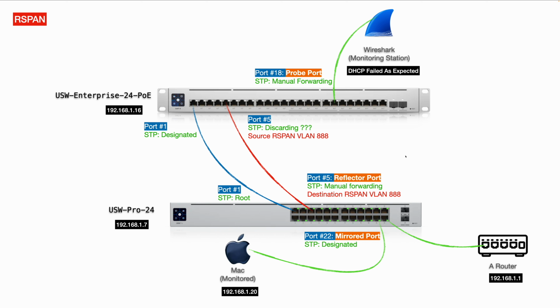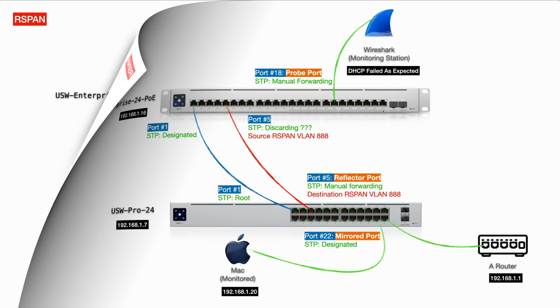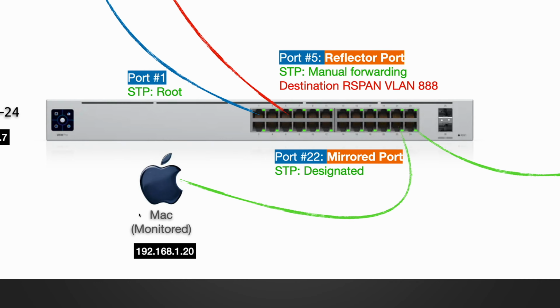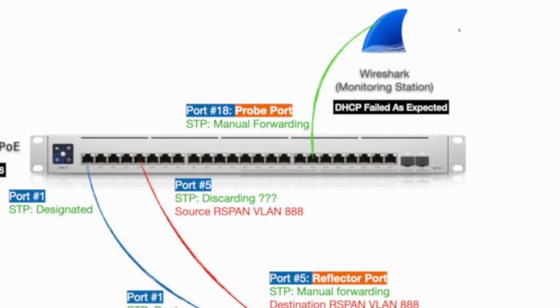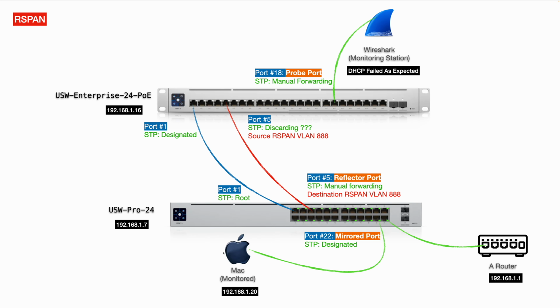Now I'm showing you the same connection diagram but with much more information. I list all the participating ports and some details. Let's go through this diagram first before we look into the system. So of course, we need a computer to be monitored and a monitoring station, right? This computer which is being monitored is connected to a port.